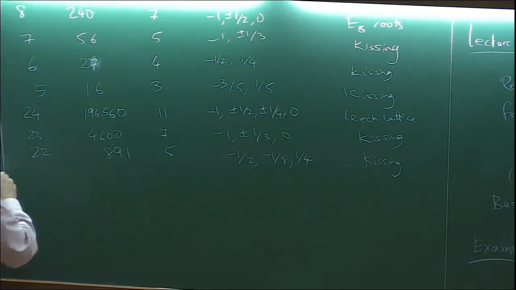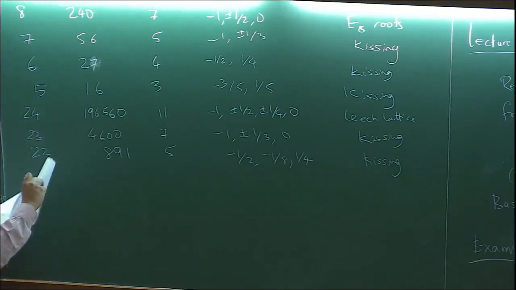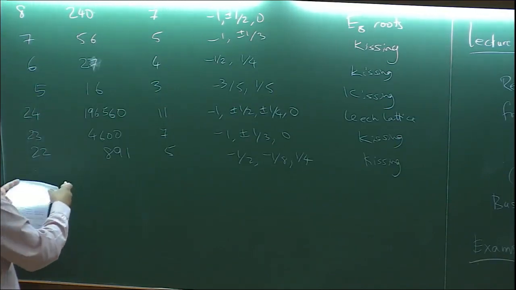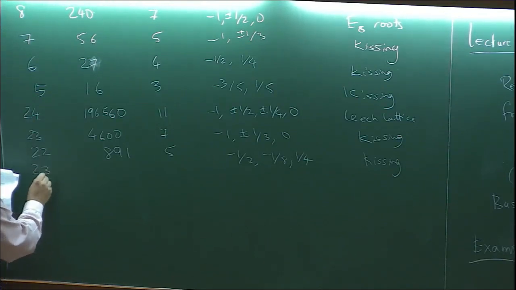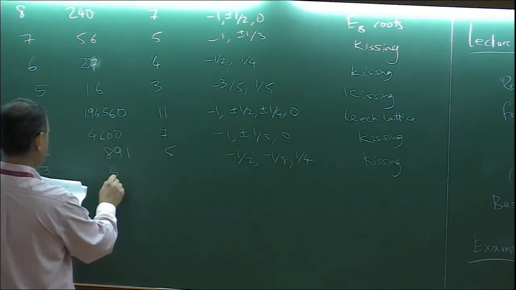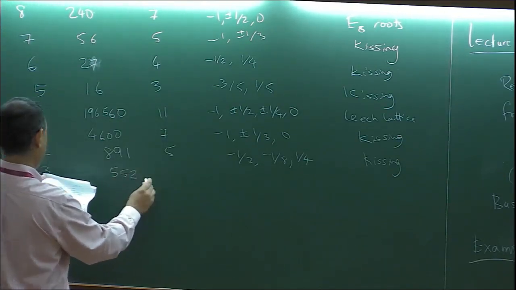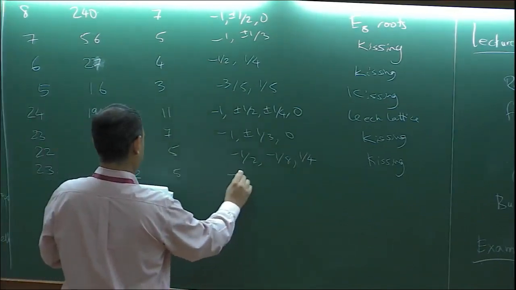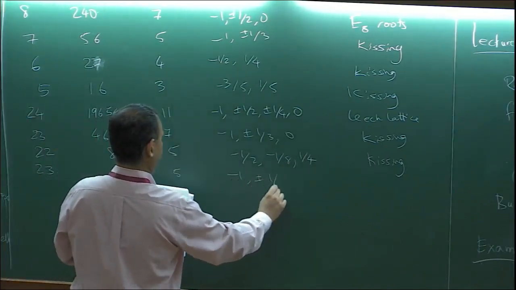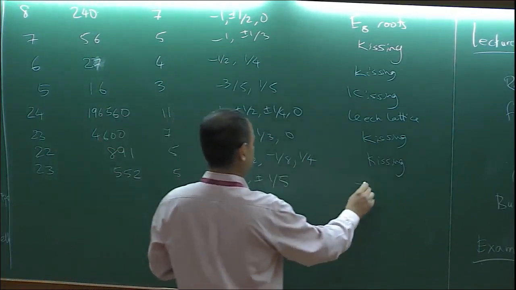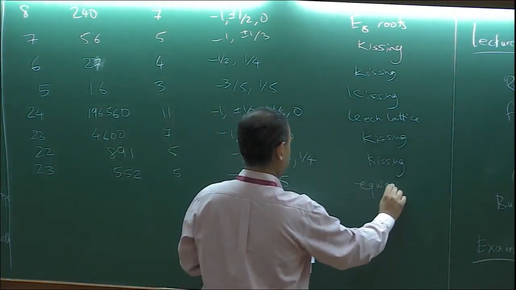22. Here's a different one. So 552, 5, minus 1, plus minus 1/5. This is equiangular lines.